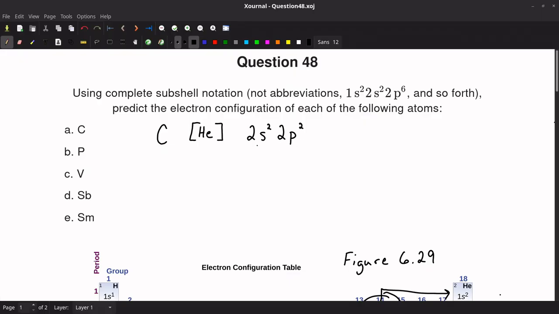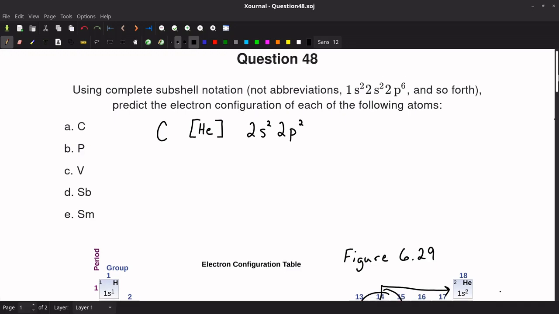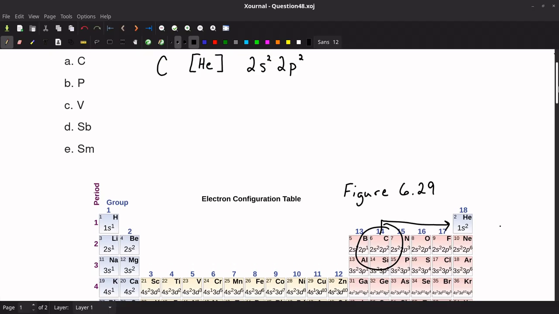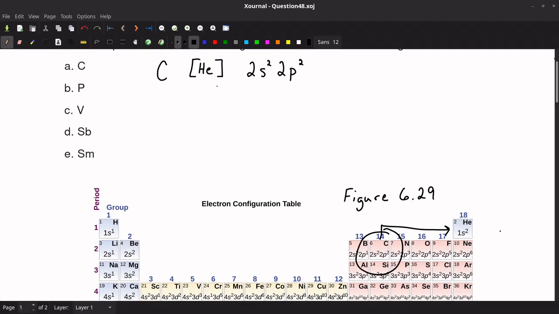Now, this says that it does not want the abbreviated form. It wants the full-on electron configuration. To get that, I'm going to come down here and replace this helium core with what that abbreviation is really standing for. What it stands for is the portion that's right underneath helium here, 1s2.